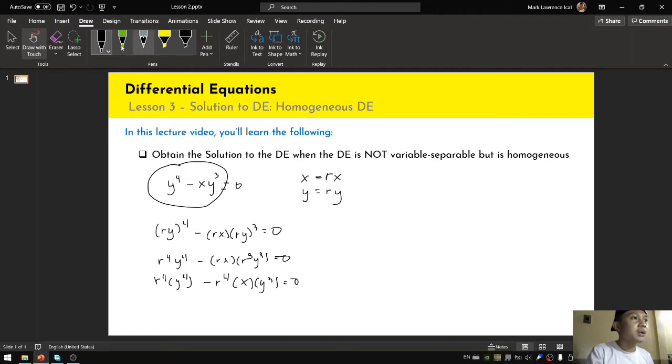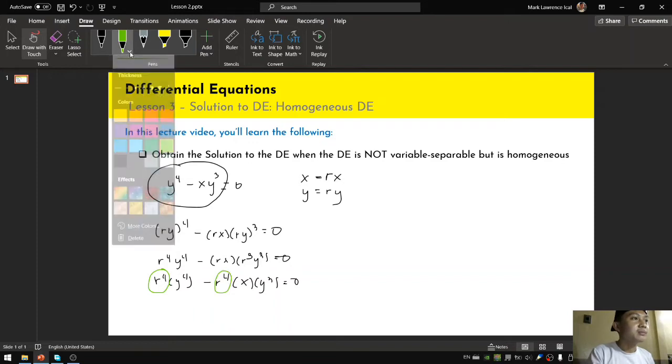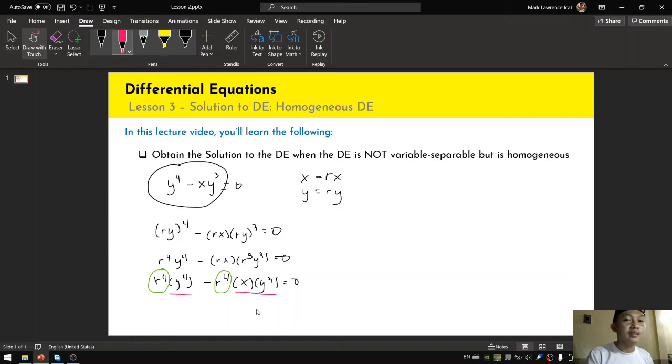Do you notice anything? Did we get back to the original? Yes, we got back to the original. This is what we call the degree. So what's the degree? It's a degree of 4. The point is, if we can go back to the original one, then it is a homogeneous differential equation.